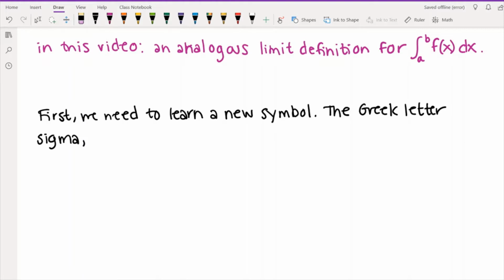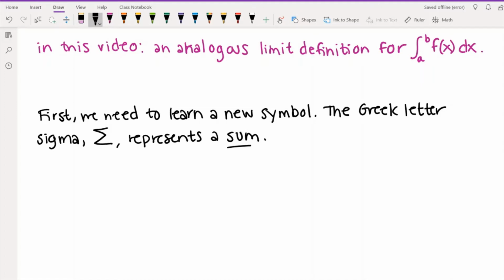Let me make that a little bigger just so you can really see what it looks like. So that's a Greek letter sigma. It's a capital sigma. It basically represents a sum, meaning you're adding stuff up.